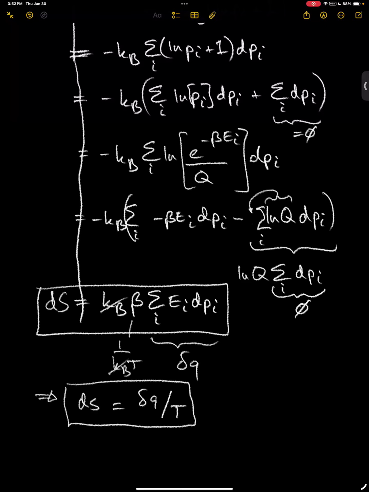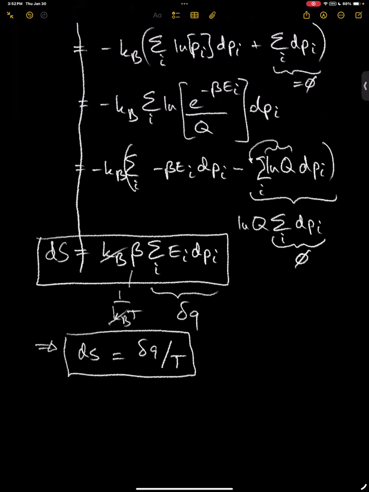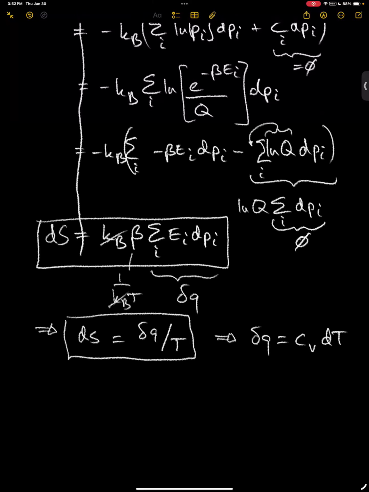Now dq is also Cv dT, and hence our delta S can be obtained as the integral over some temperature change of Cv over T. But also that expression you should have seen already.